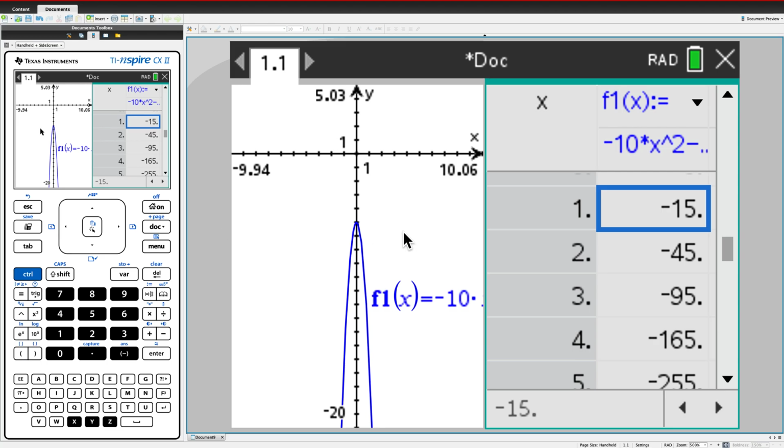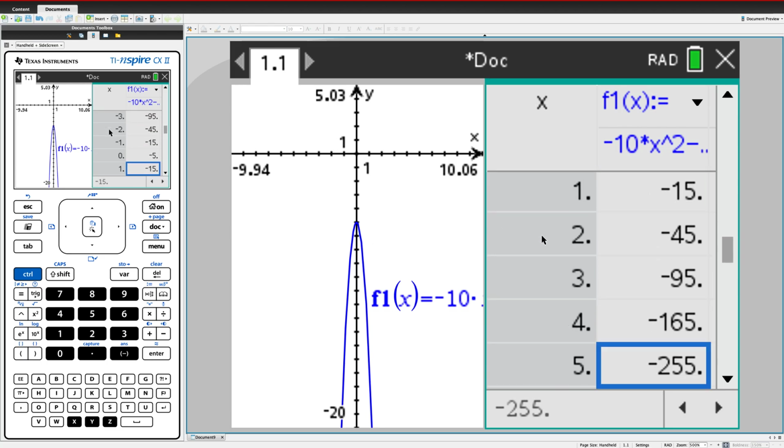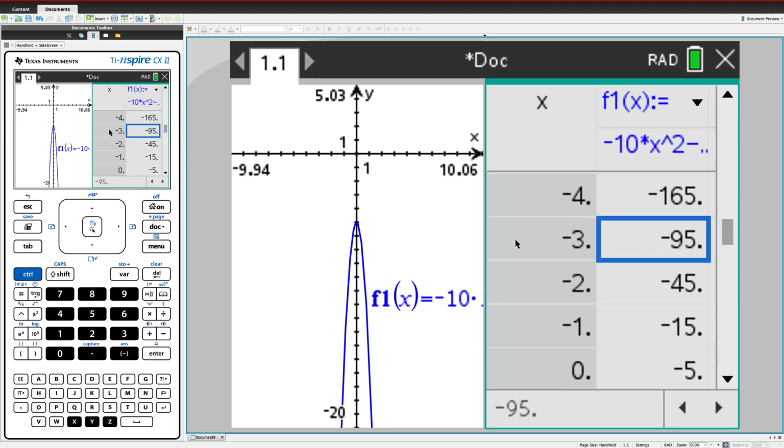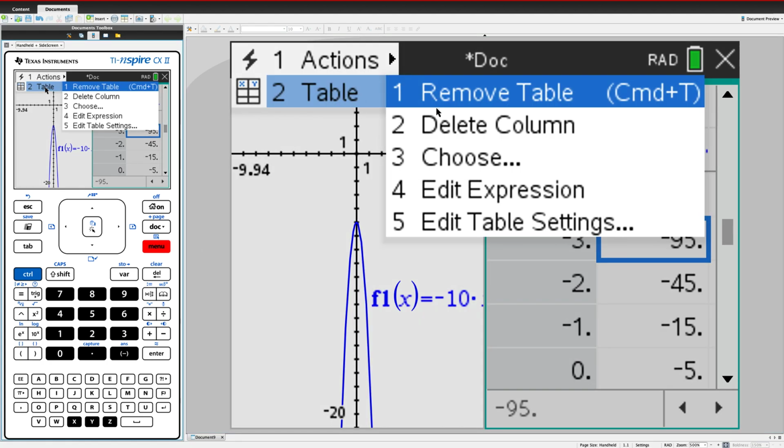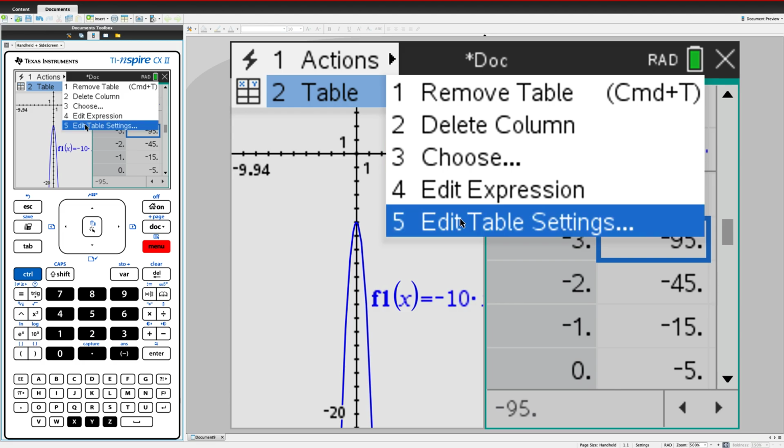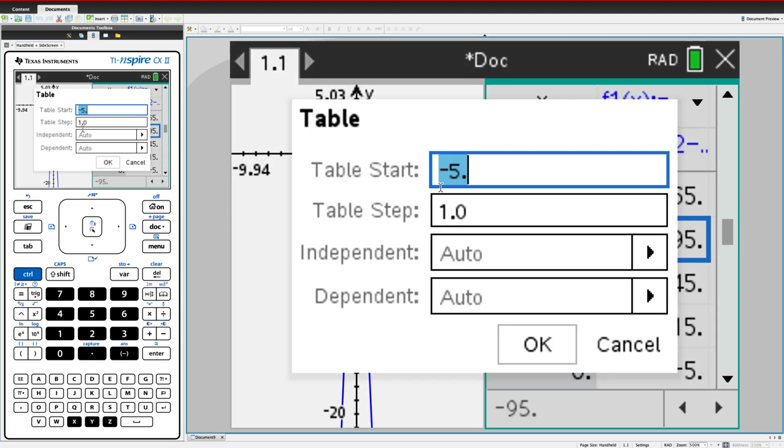I'm going to press Menu, go to Table, and Edit Table Settings. Again, we're going to start our table at 1. Do you want to count by ones, or by 0.1s? What do y'all want to count by? Ones. Okay.